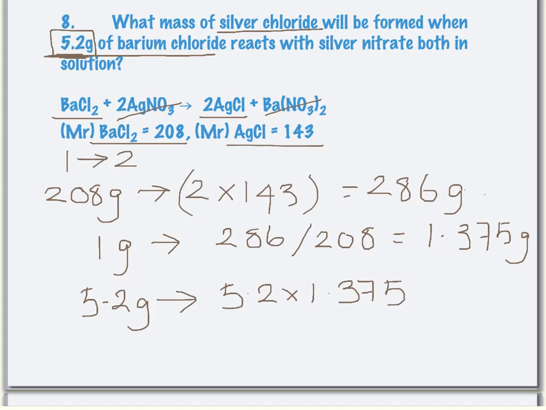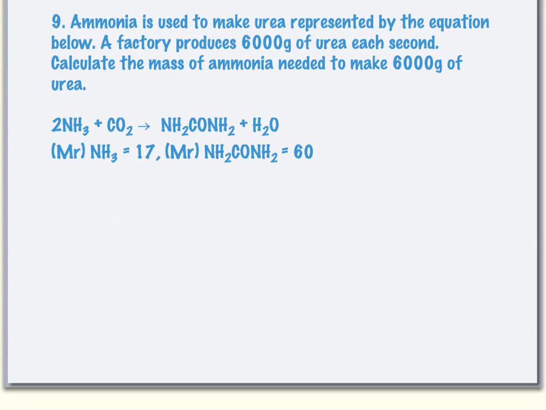That tells us that after this reaction has taken place, we will have 7.15 grams of silver chloride. So another one done and dusted. Okay, this one's a little bit more interesting, and this is our last example. Again, stop the video if you want to do it for yourself, and click play again when you are ready to see the solution.